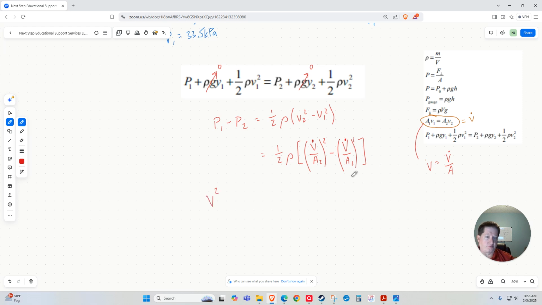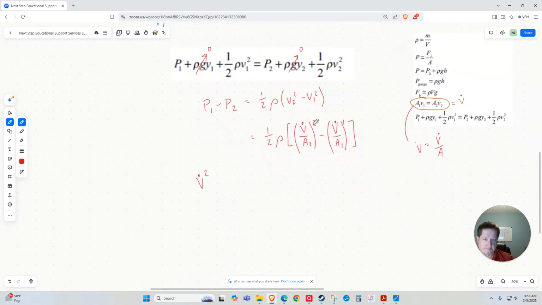If I factor out the volumetric flow rate squared from this portion of the equation, I get the volumetric flow rate squared, the thing they're asking me for. And the rest of this is the 1/2 density. That'll be 1 over.